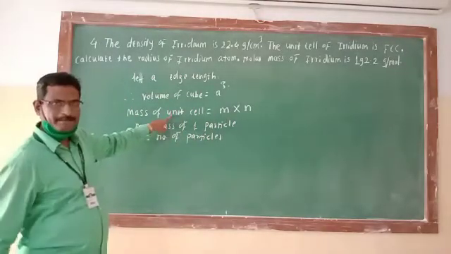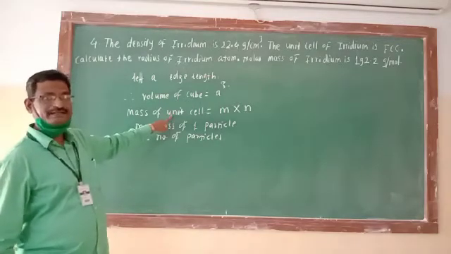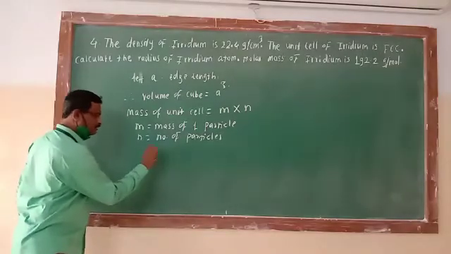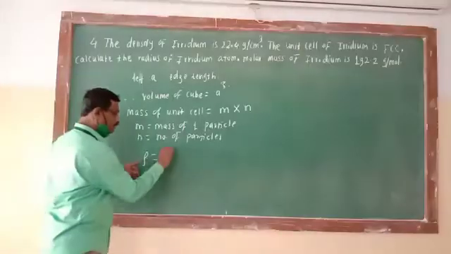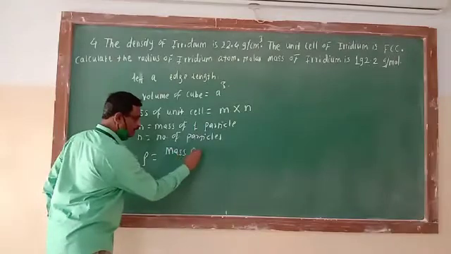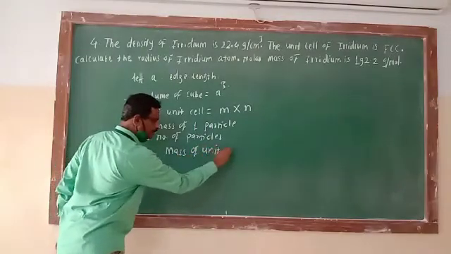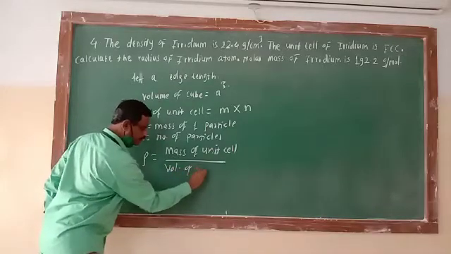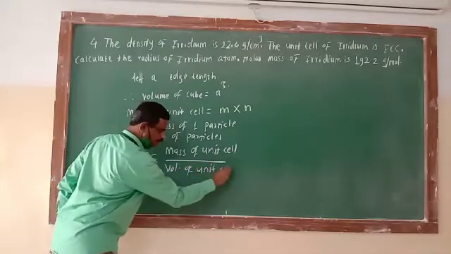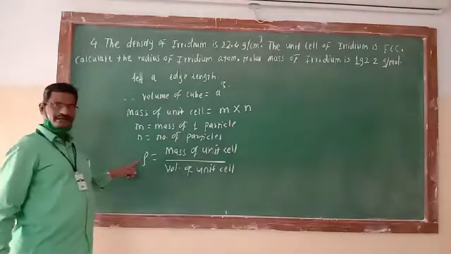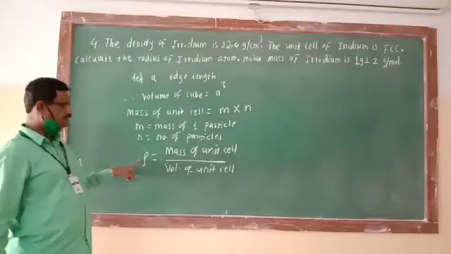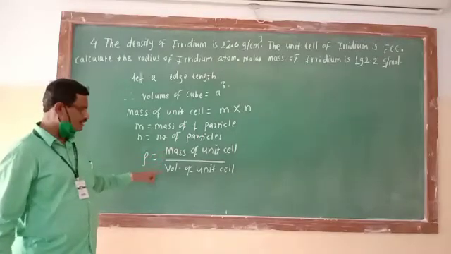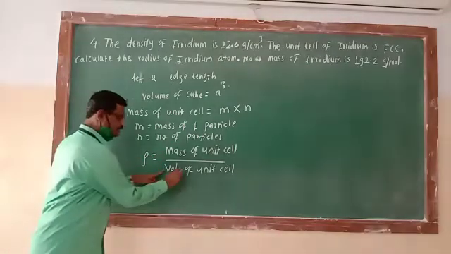Now we know the formula of density. We know that density will be equal to mass of unit cell divided by volume of unit cell. Density rho is equal to the ratio of mass of unit cell to the volume of unit cell.